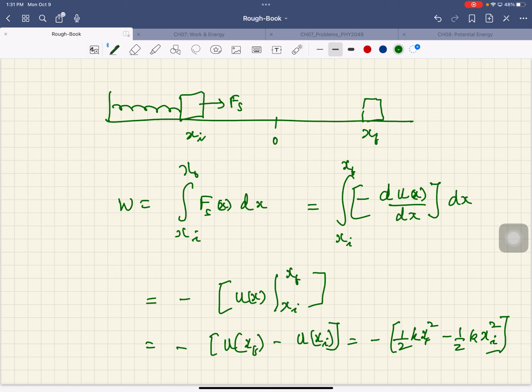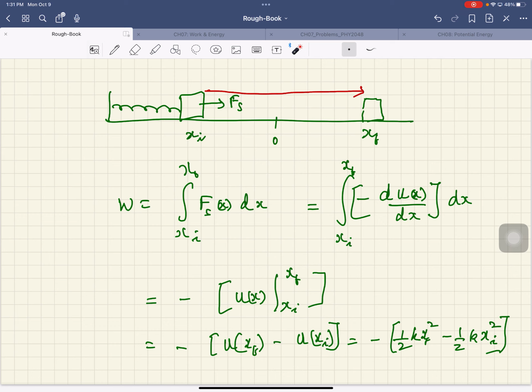So you calculated the work done by the spring force when the object went from here to there. And what was that work done? So here's a very important fact. It was equal to this. Everybody understand that?